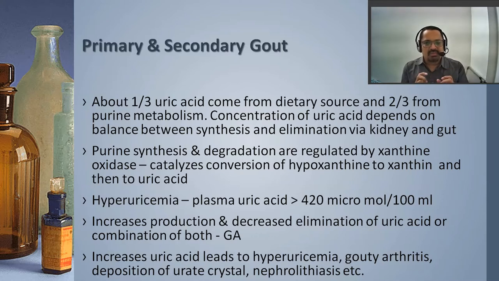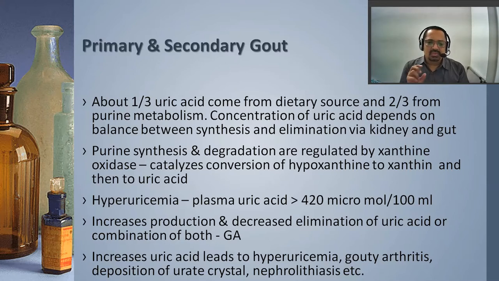Xanthine oxidase is the enzyme responsible for synthesis and degradation of purines, which is the source of 2/3 of the uric acid. It catalyzes the conversion of hypoxanthine to xanthine and then to uric acid. So purine metabolism by xanthine oxidase is the main source of uric acid. Hyperuricemia is the condition where the plasma uric acid level is more than 420 micromoles per liter.